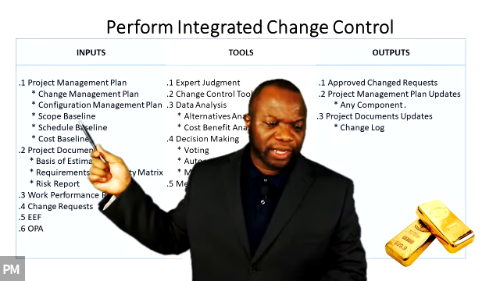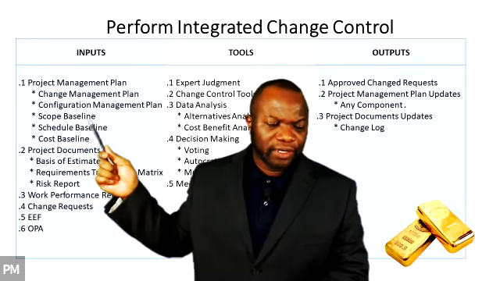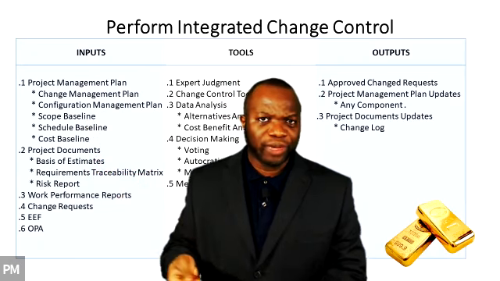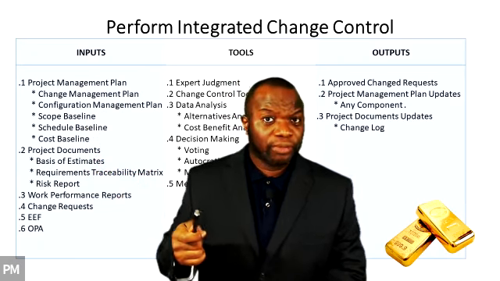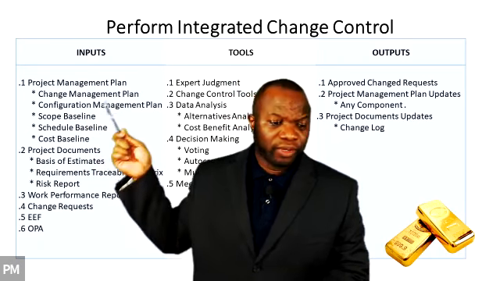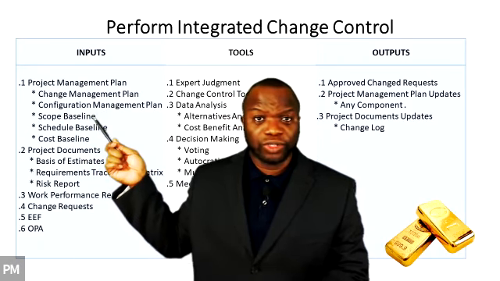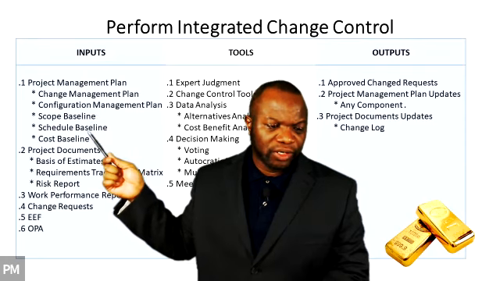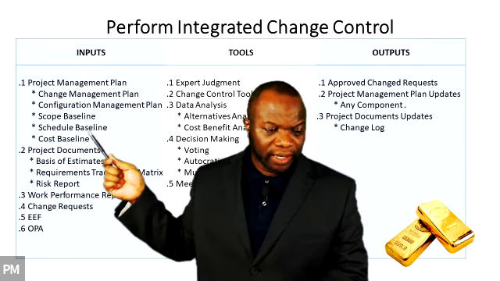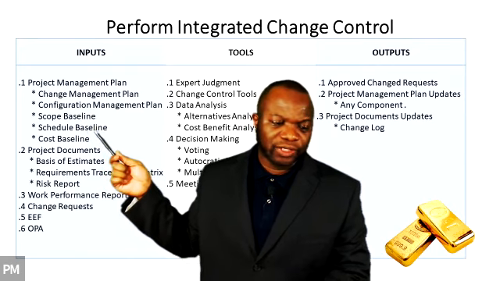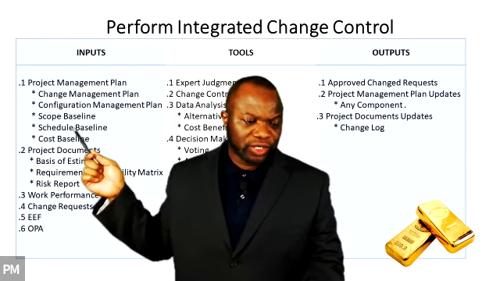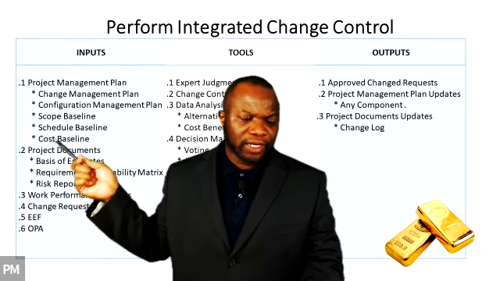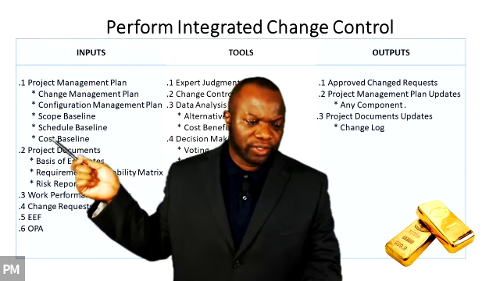The scope baseline, we know what that is, right? It's a baseline against which you manage scope. Now you're going to come across this in chapter 5, but this right here contains your WBS dictionary, and your project scope statement. The schedule baseline, again, this is the baseline against which the schedule is going to be measured. The cost baseline is the baseline against which cost will be measured.